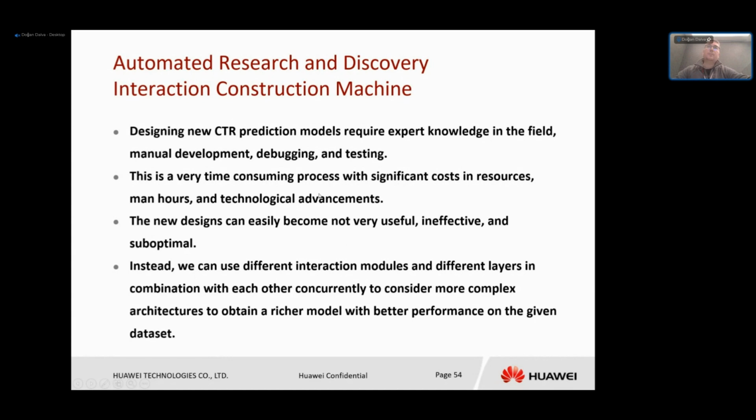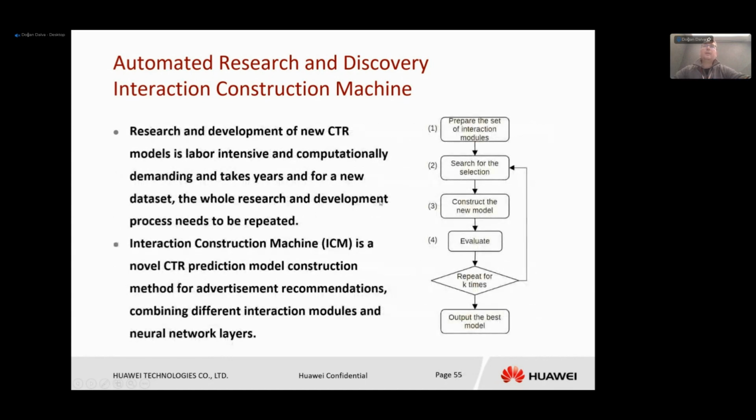The interaction construction machine uses the previous set of interaction modules, their code and implementation, and searches for the best selection. A selection of these interaction modules is binary, so each is either selected or not, and this leads to an exponential number of possibilities for a given number of interaction modules. But we can use effective search techniques to find new models in a couple of hours.